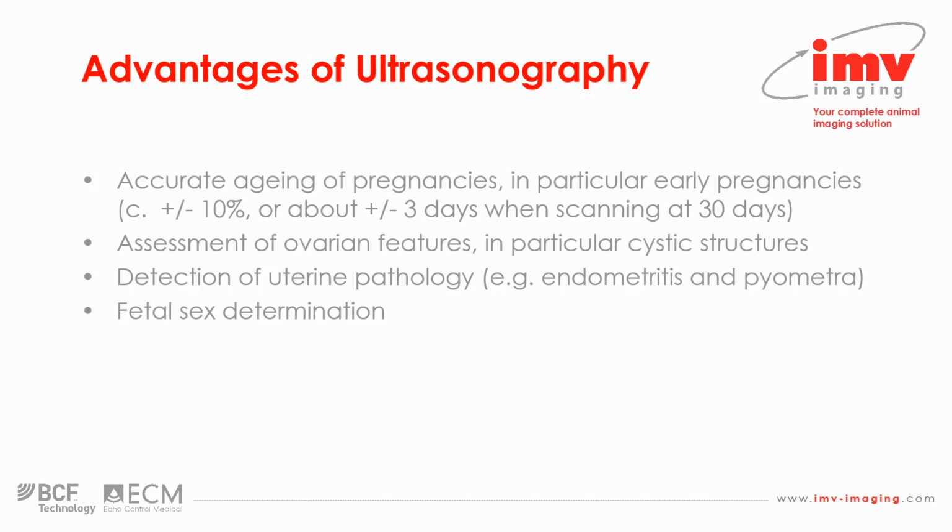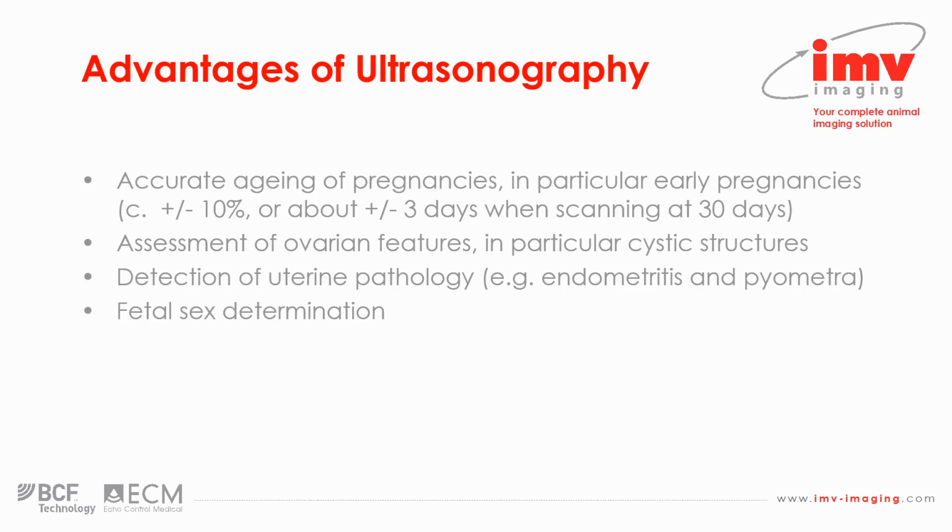We can accurately age pregnancies as well, especially in the early stages. Now, the data is vague on this, but the general rule of thumb for aging pregnancies is probably plus or minus 10%. So if we're scanning at 30, 31, 32 days, then we're looking at accuracy of probably plus or minus 3 days, and that's probably a bit ungenerous. We can actually probably get a little bit more accurate than that.